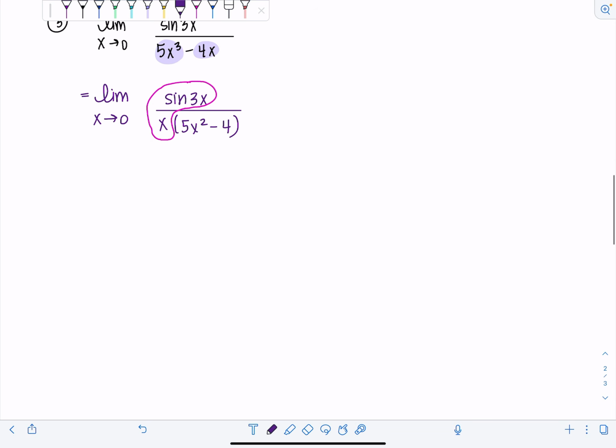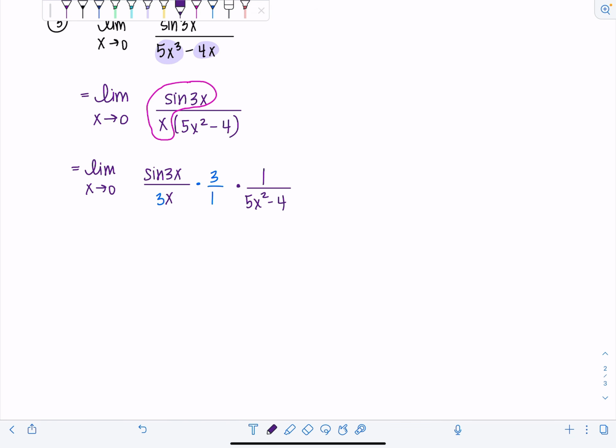So now I have the limit as x approaches 0, sine of 3x over, now I have only a little x. I wish that there was a 3 in front of it, right? So I'm going to add 3 in, and then I have to multiply by 3 over 1 in order to compensate. And then times, I just have 1 over 5x squared minus 4 left over.